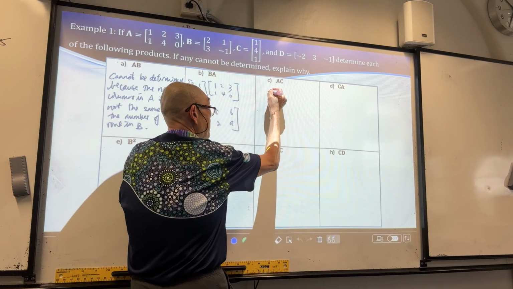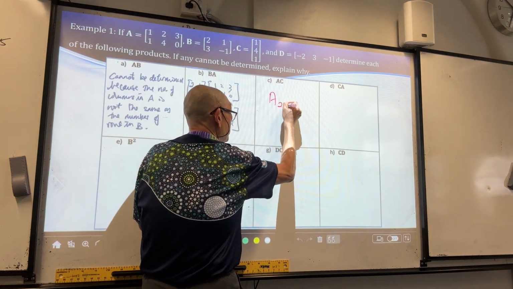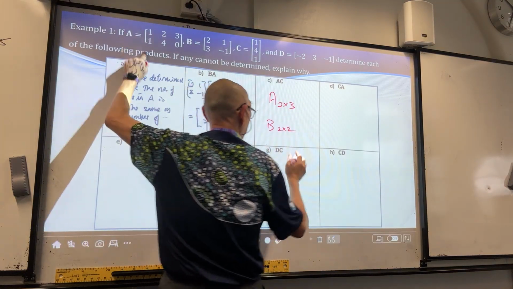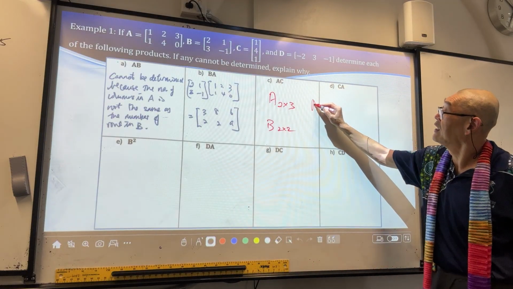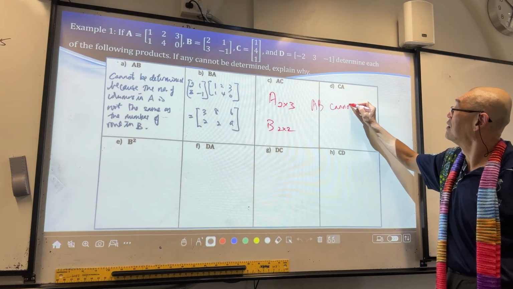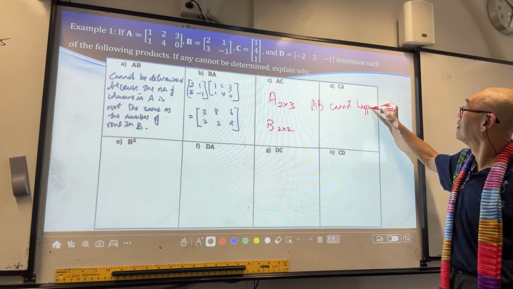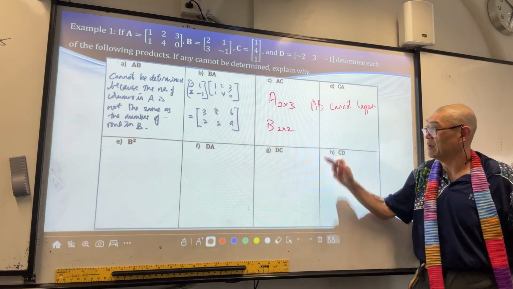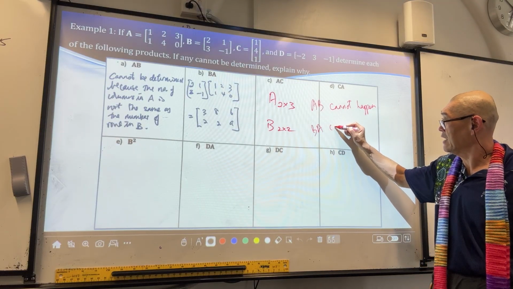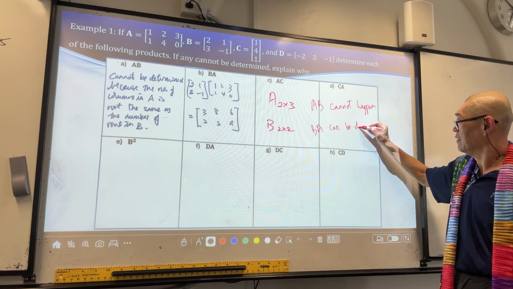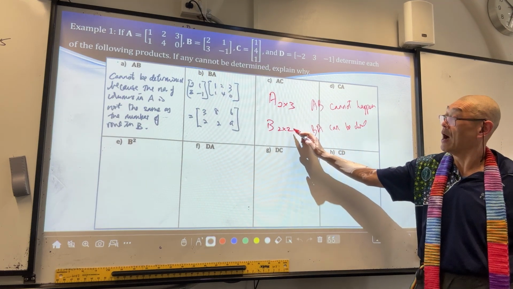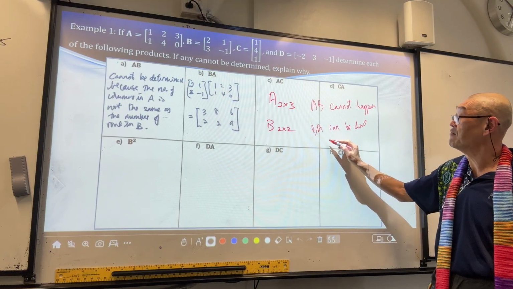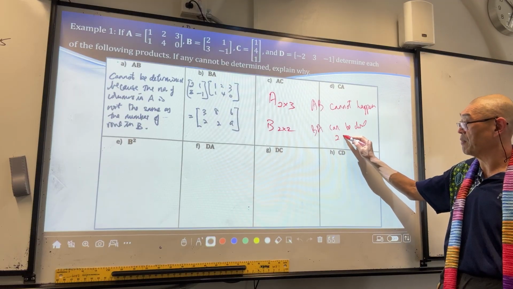Let me illustrate again. If A is 2 by 3 and B is 2 by 2, AB cannot happen because the number of columns in A is different from the number of rows in B. But BA can be done because the number of columns of B is the same as the number of rows of A. So the dimension of the result will be 2 by 3.